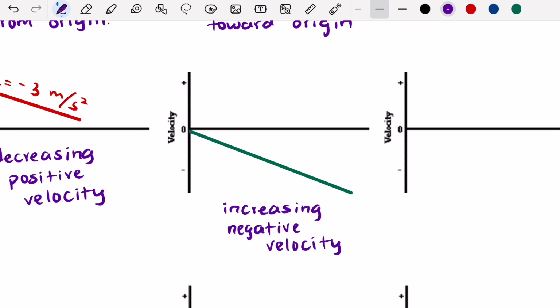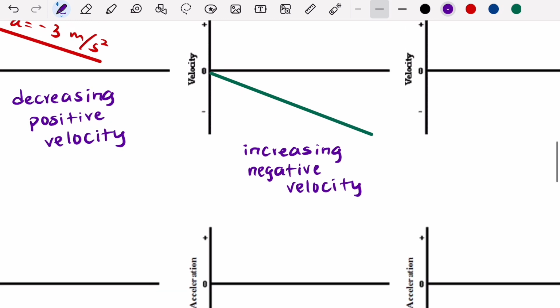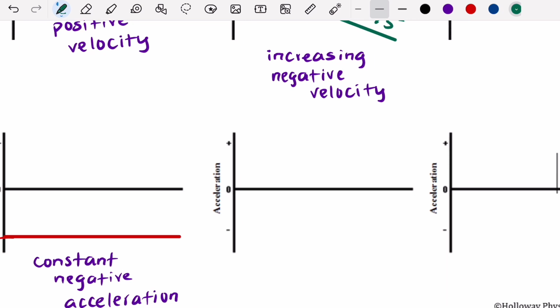Okay, pause the video again and try to draw the acceleration graph. Let's say this is a slope of -2 meters per second squared. Hopefully you saw that it'll simply be a line at which acceleration has a value of -2, and then just like that.